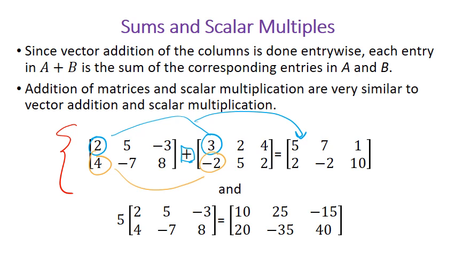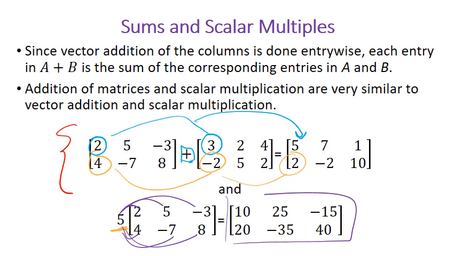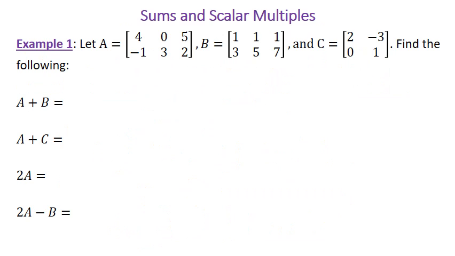So in order to do this, you have to have matrices with the same dimensions. Scalar multiplication is done the exact same way. If you have a scalar of 5 here, basically it's the distributive property. So you multiply everything by 5 to get the new matrix. Okay, pretty straightforward.